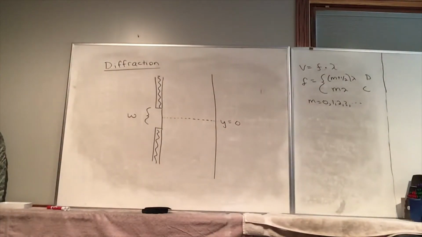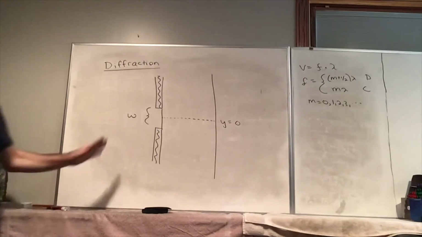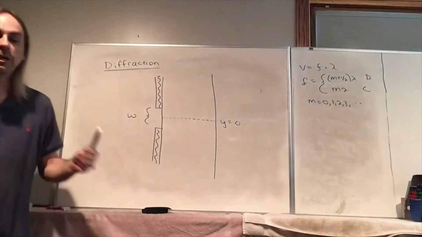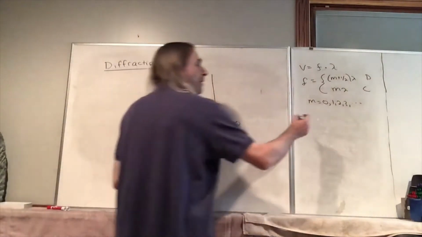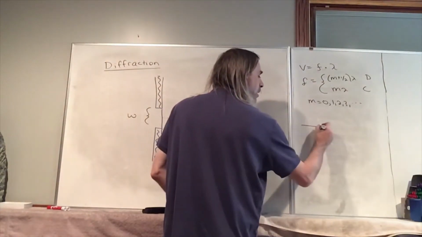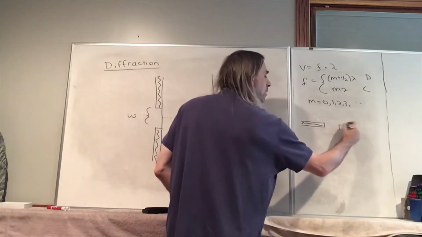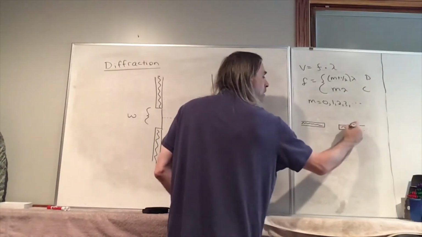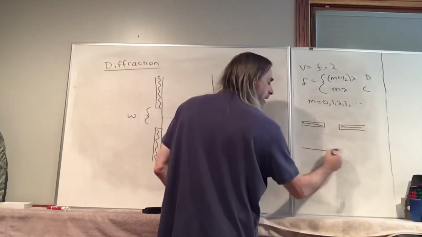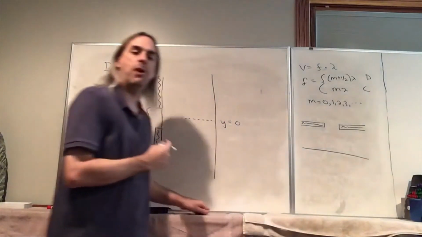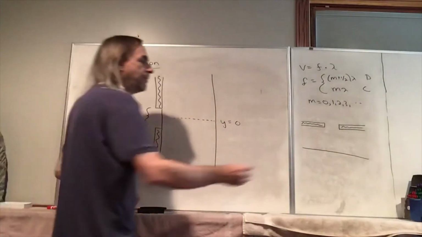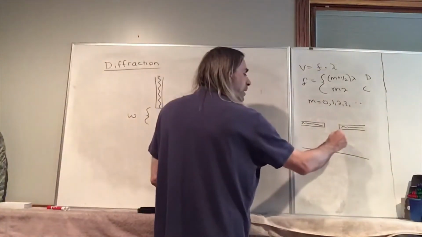And I'm going to plot the pattern actually off to the side. This is what we're going to actually see. So let's say that this is our barrier, all of it from a different perspective. And we're shining light onto a screen. If we plot the intensity of the light, it's going to be very bright directly across.